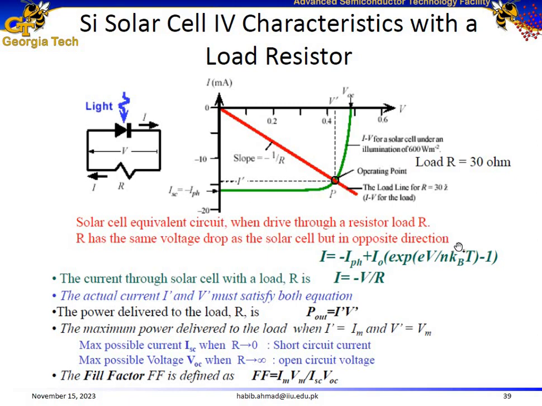In order to determine that, the slope is actually determined by 1 over the resistance. So find the slope and then draw a line from the origin to this curve. And this line actually crosses this curve at this point. So then find the corresponding current and the corresponding voltage for that point.